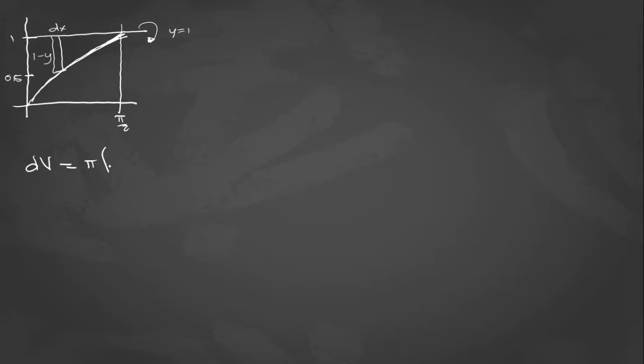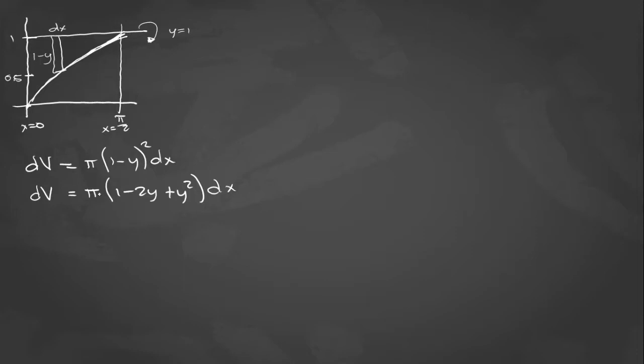Then our r here is 1 minus y, so (1 minus y) squared, multiplied by the height, which is dx. Before we integrate this differential volume, we must first simplify our function: pi times (1 minus 2y plus y squared), by taking the product of the two terms of 1 minus y, dx.